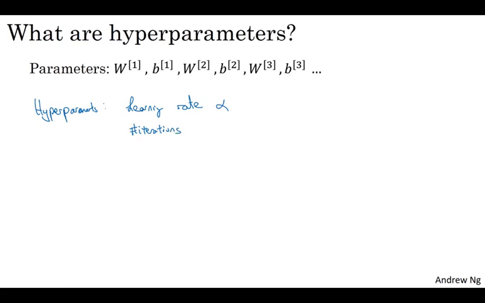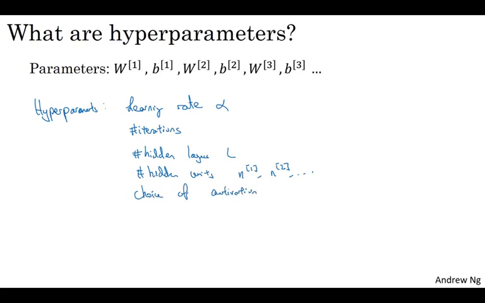Your learning algorithm has other numbers that you need to set, such as the number of hidden layers, so we call that capital L, or the number of hidden units, right? Such as N1, N2, and so on. And then you also have the choice of activation function.